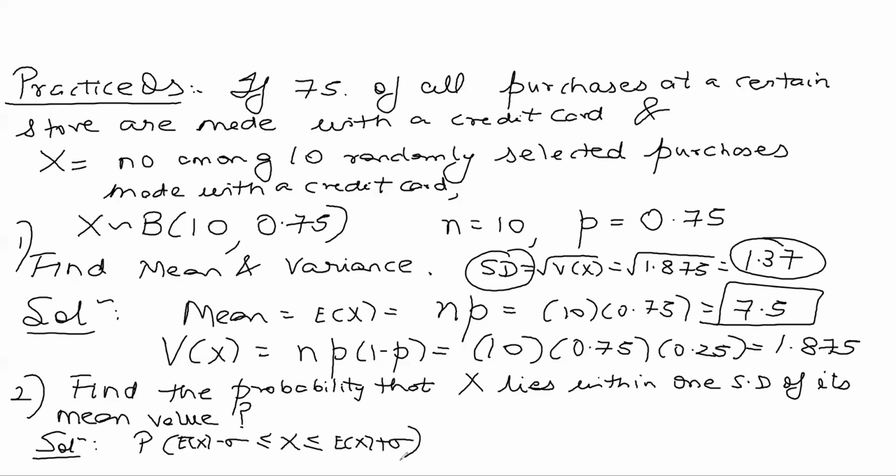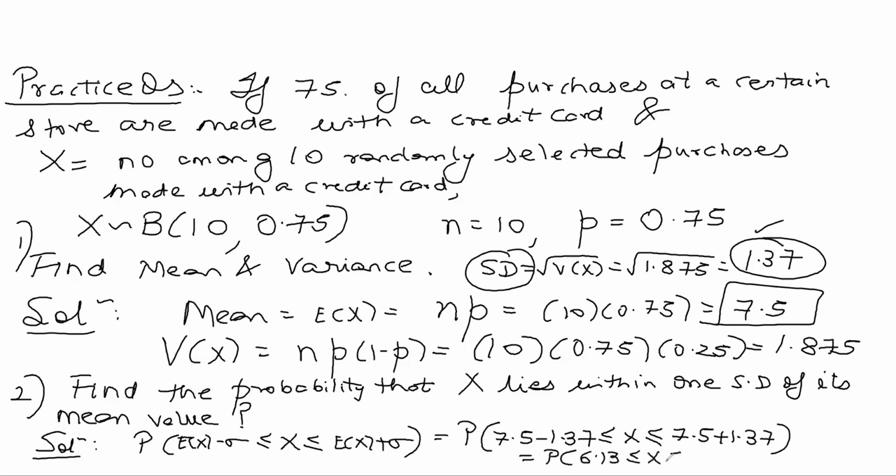E of X is 7.5, so 7.5 minus 1.37 is less than or equal to X, less than or equal to 7.5 plus 1.37.